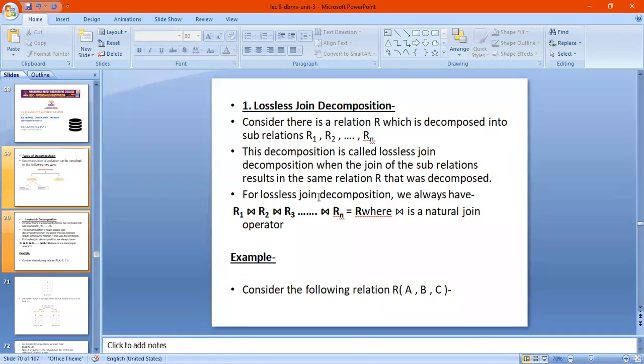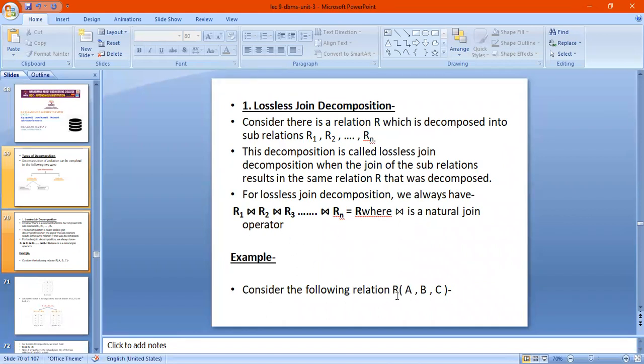For lossless join decomposition, we always have R1 natural join R2, natural join R3, and so on, natural join Rn, where this symbol is the natural join operator.